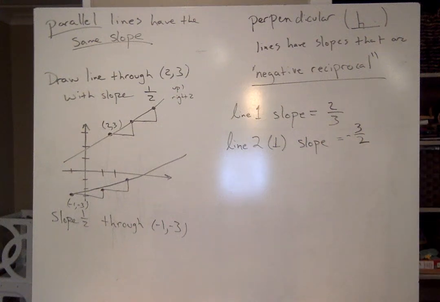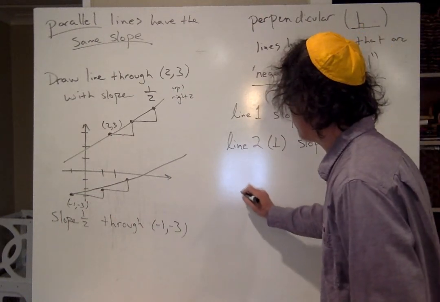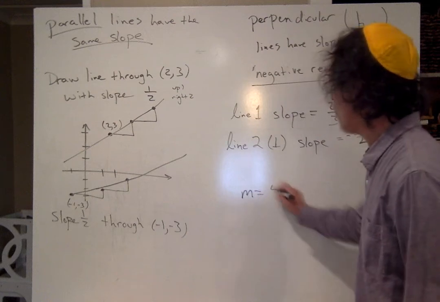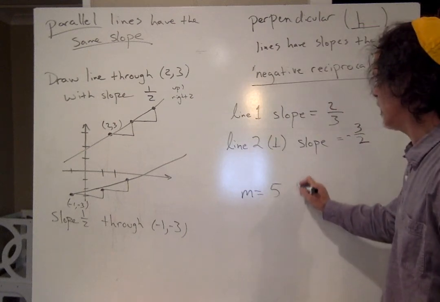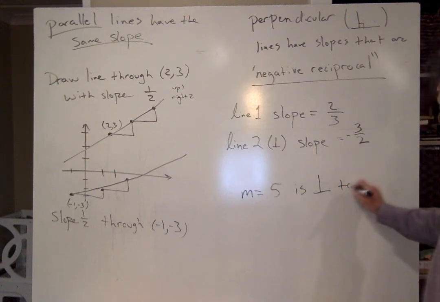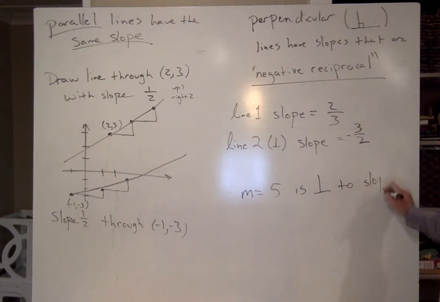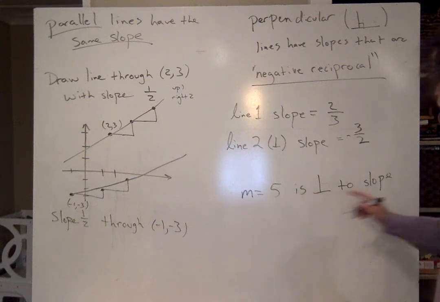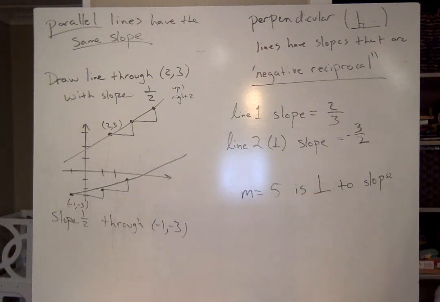These two slopes are perpendicular to each other. Slope 5 is perpendicular to slope... What is the reciprocal of 5?